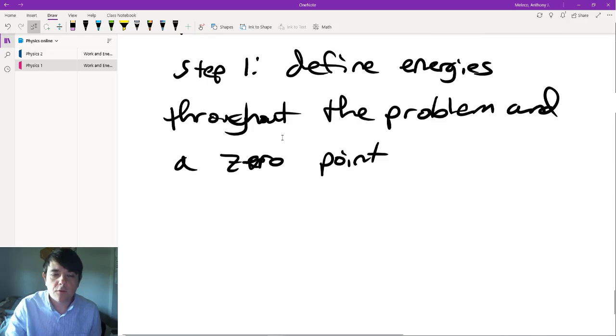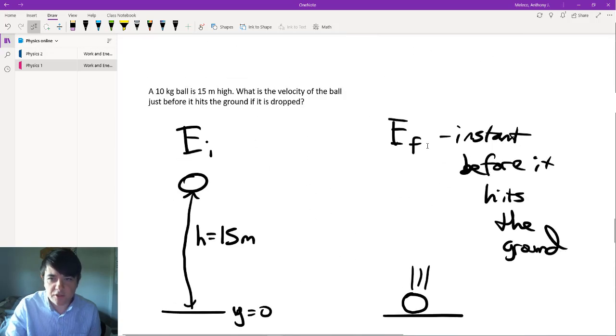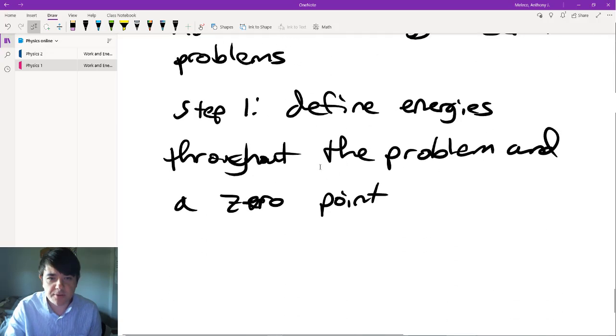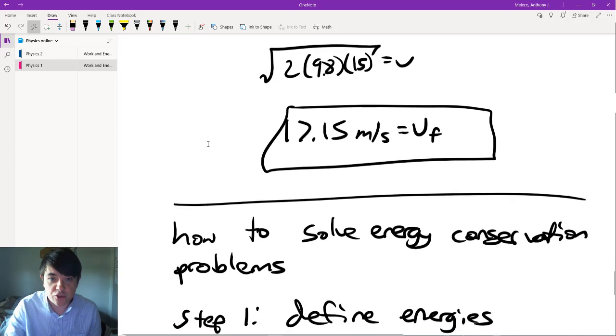So what we did here, we defined our 2 energies in this case. You can have more, maybe there's multiple things going on, like you'll see with the spring problem later on. But here we only had an initial and a final. So you define the energies throughout the problem and you define your 0 point so that you can define your gravitational potential energy.